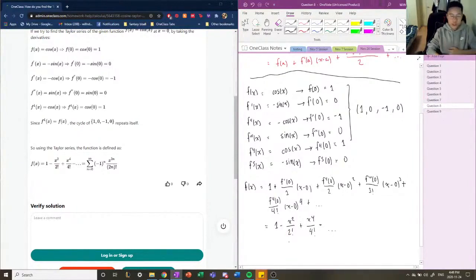If we generalize this, we would have the infinite sum. Remember to write the infinite sum all the time. Our signs are always alternating, so we can add a term that will always alternate our signs, which is negative 1 to the power of n. When n is odd, it's going to be negative, and when n is even, it's going to be positive.